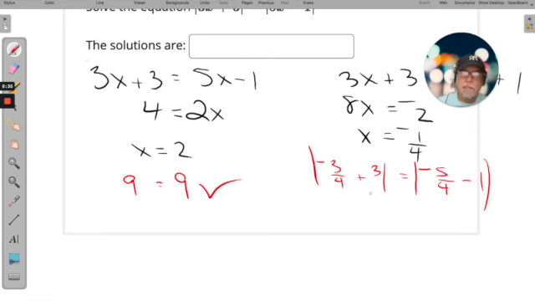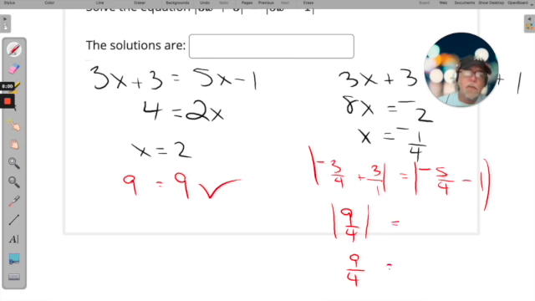Let's see. Negative 3 plus 12, that's 9 over 4. And the absolute value of 9 over 4 is 9 over 4. So you're going to get 9 over 4. Negative 3, 12 over 4. Yep, 9 over 4. And this one will come up to what?